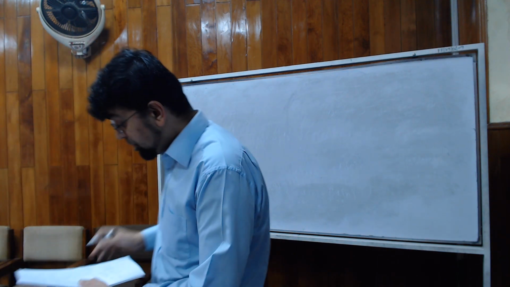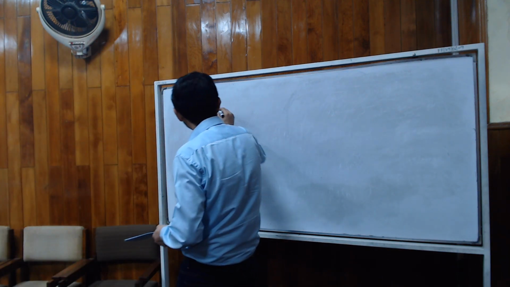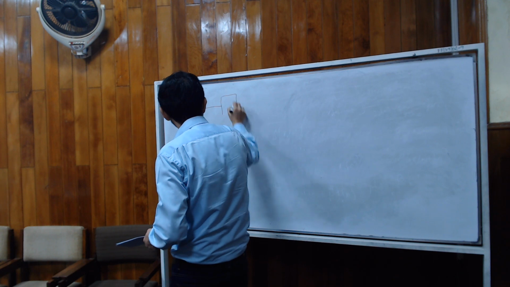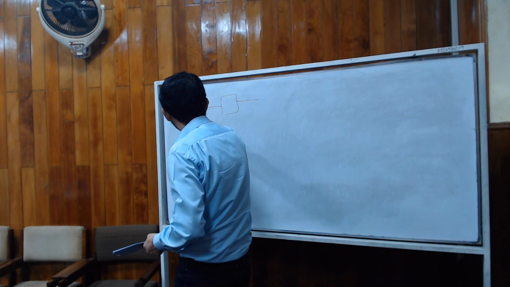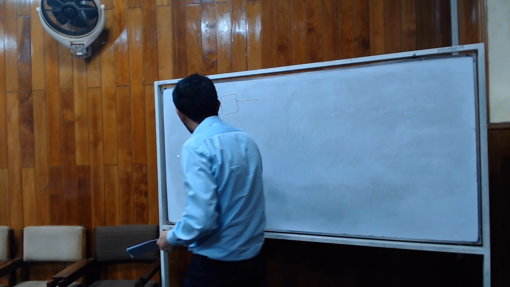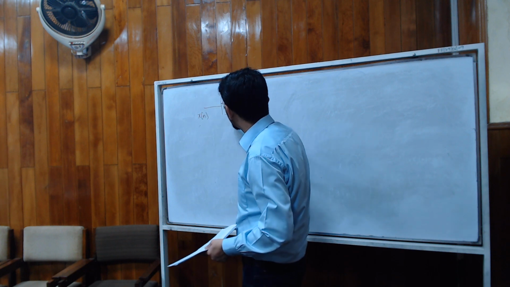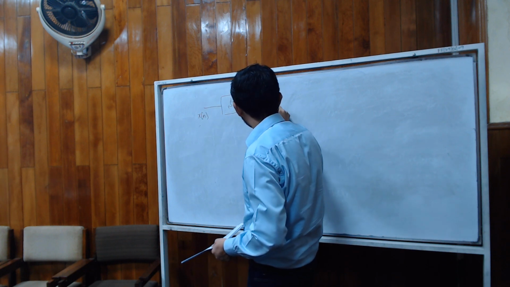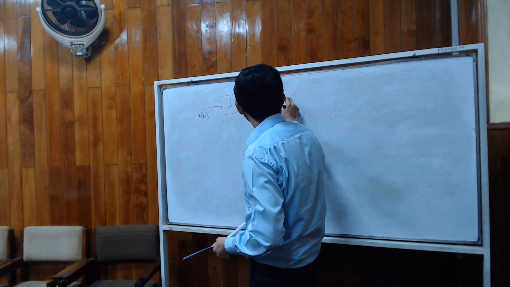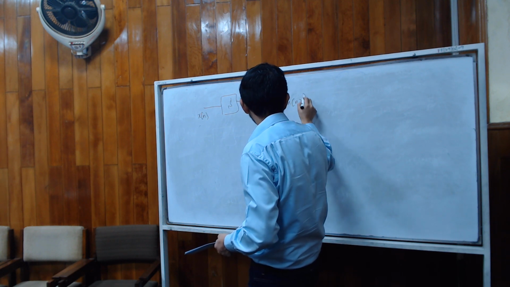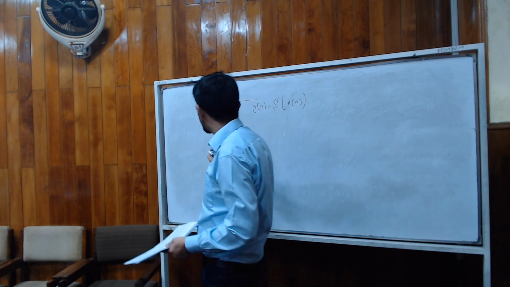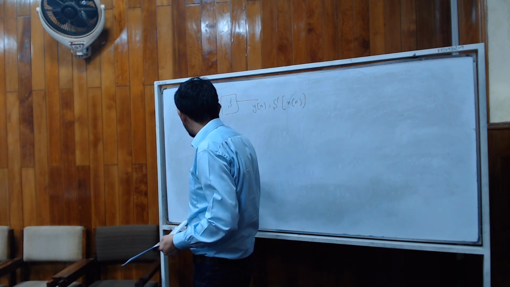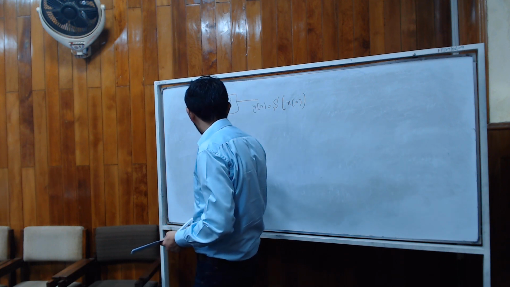Right, so basically a system is time invariant if, let's say you send in an input x[n] and it gives you output y[n], which is in this case S applied on x[n]. The question is what happens if you send in a shifted version of the input.